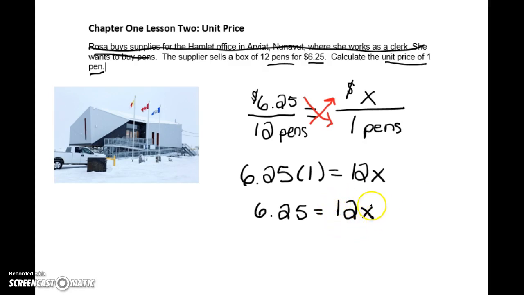Right here, this is 12x, which means 12 times x. If you want to get rid of a number that's multiplying, you have to divide. So do that opposite operation: you're going to divide by 12 on your right side. And because this is an equation, what you do to one side, you have to do to the other. So you're going to divide 6.25 by 12 as well.